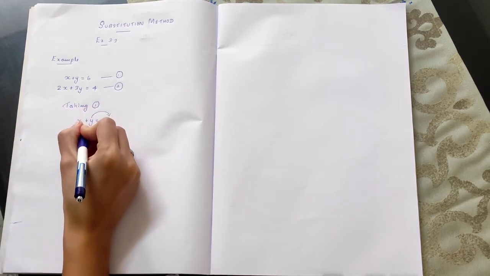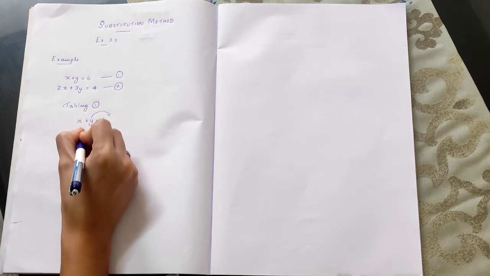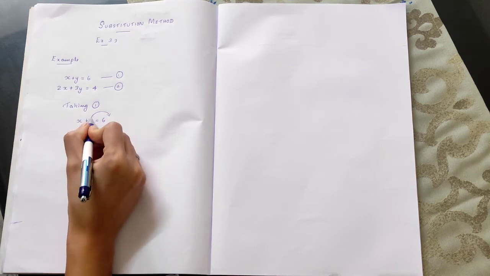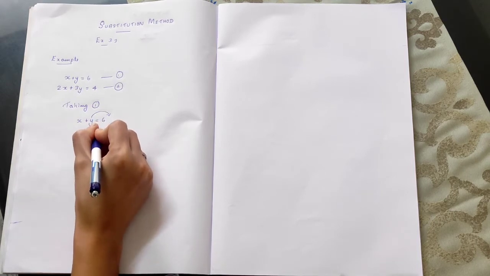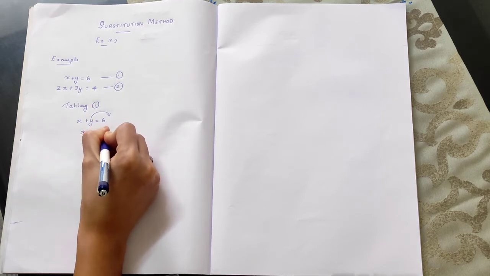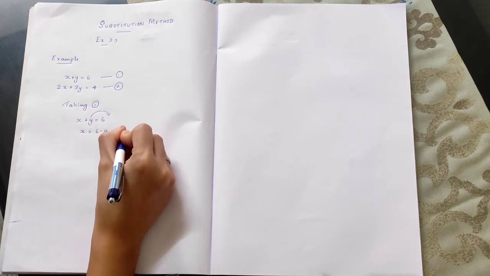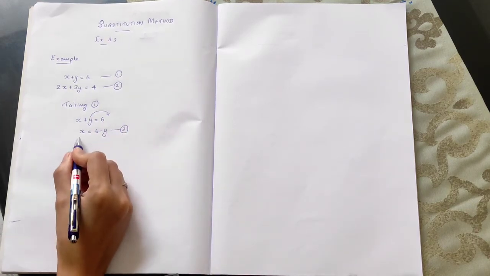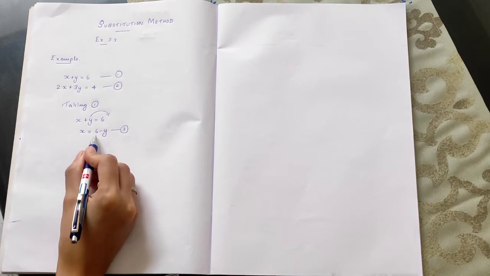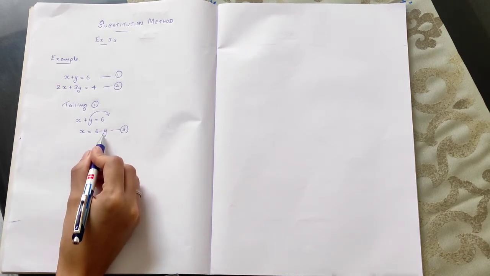So what will we get? We will get x is equal to, moving this plus y to the other side, it will turn into minus y. So we will get x is equal to 6 minus y. And this is our third equation. That means we got the value of x is equal to 6 minus y.